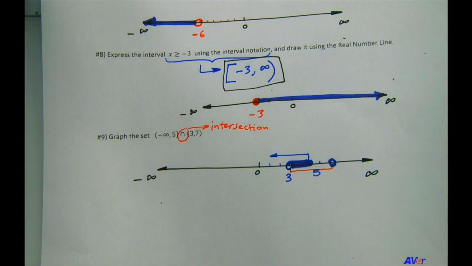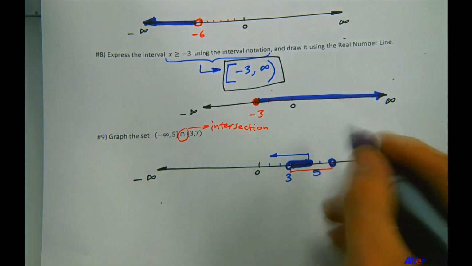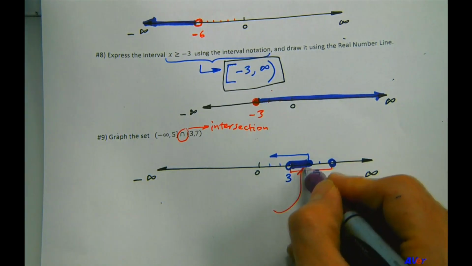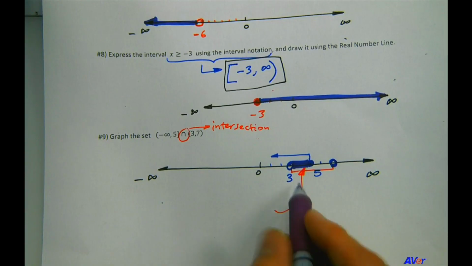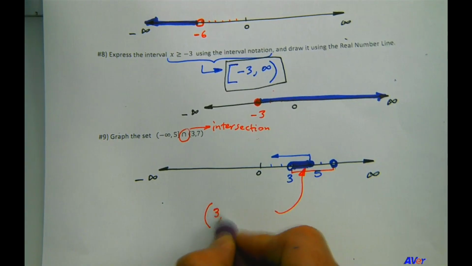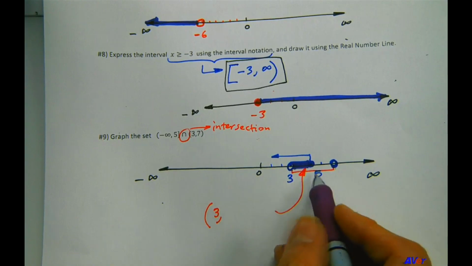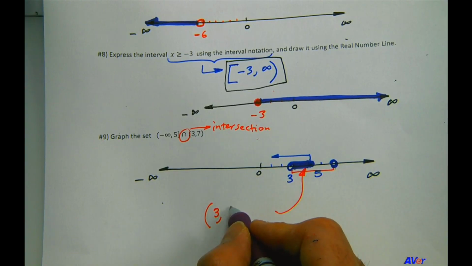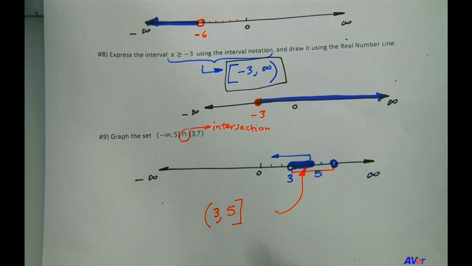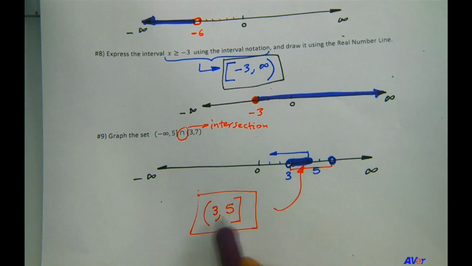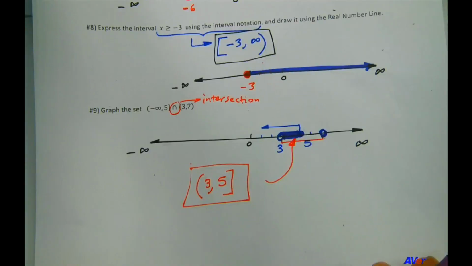So to write that down, that solution is from parenthesis 3 to comma 5, and then bracket. Okay, so that's the graph of that interval.